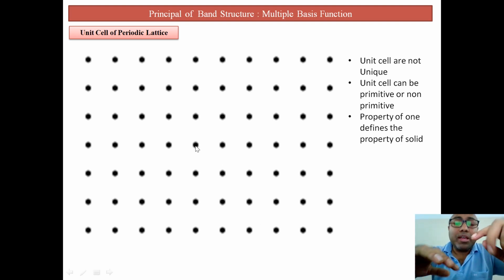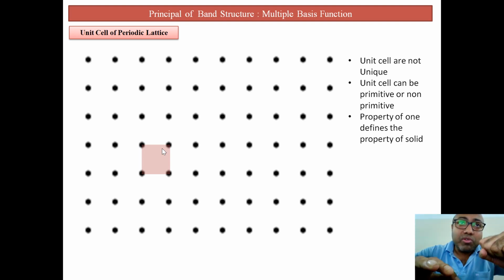One unit cell you can think of as one unit. What does it mean, one unit? You can repeat this unit, this brown unit, and it is still periodic. If you replace this one by this one, the properties will be the same.